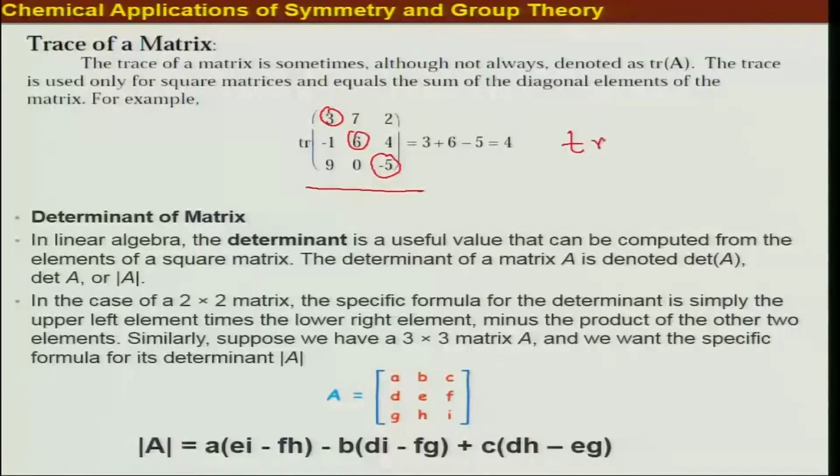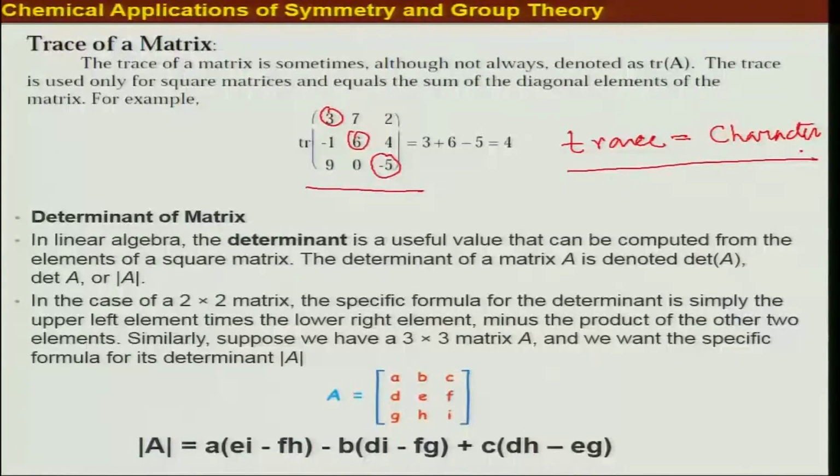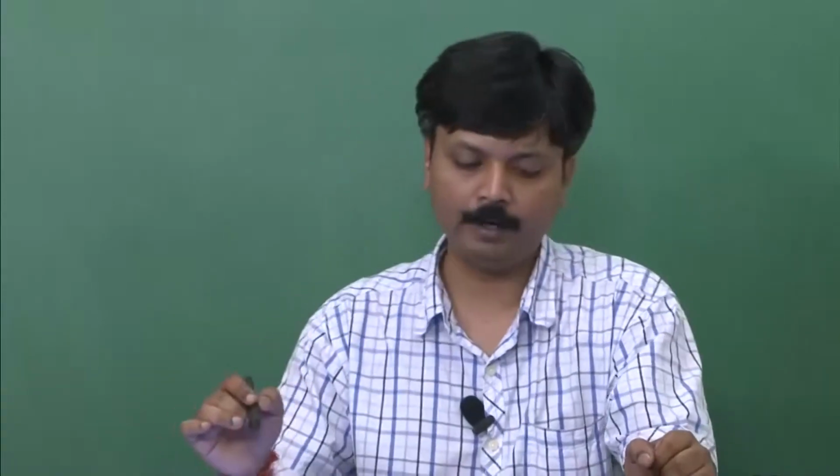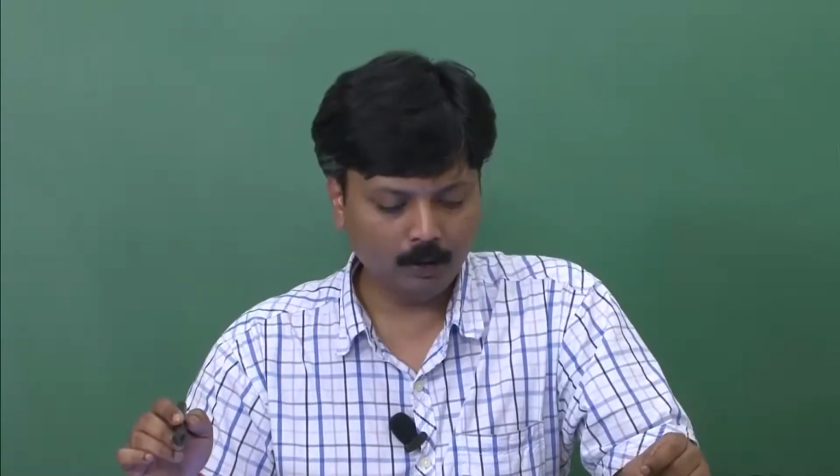So this trace in the context of group theory, we will be using the term character. Till now we will just stick to this terminology, until we go to the representation of a group, and we will also learn there why this trace is called a character. But for your information, you should know that this trace will actually act as the character of any representation.